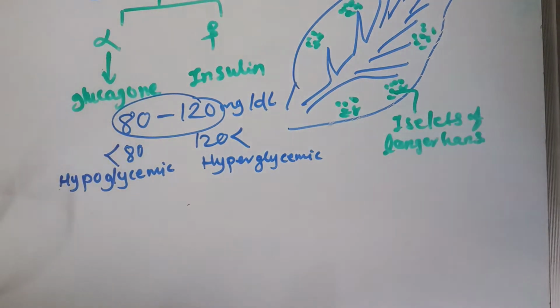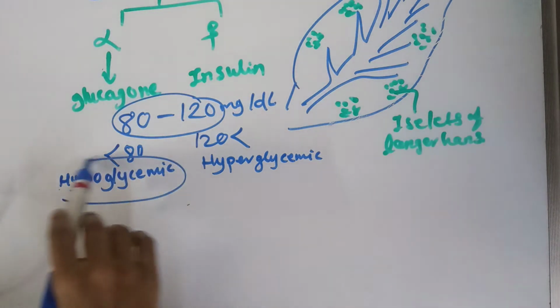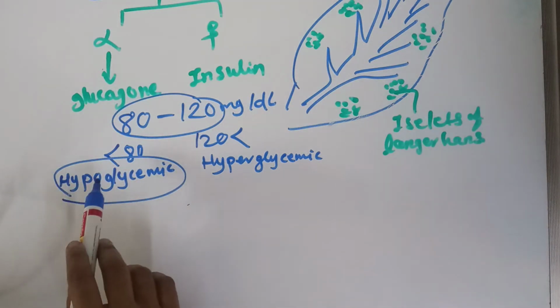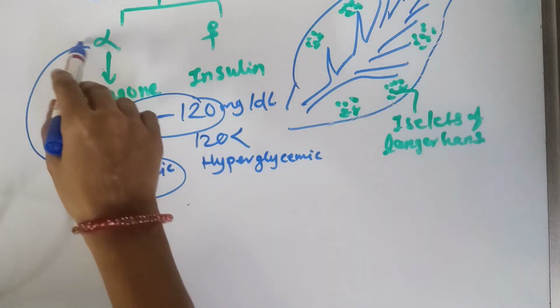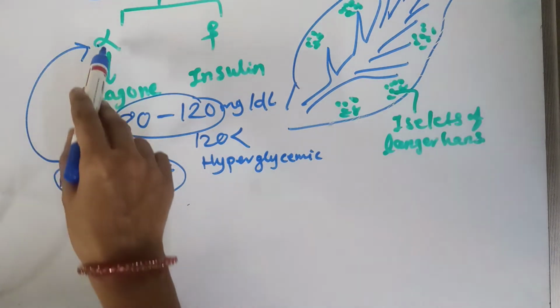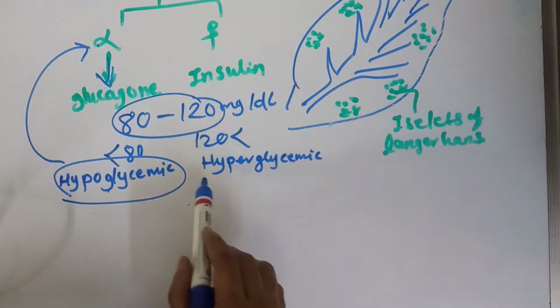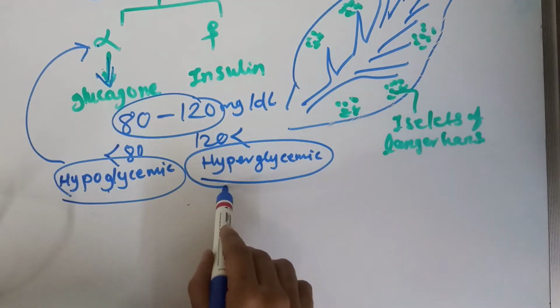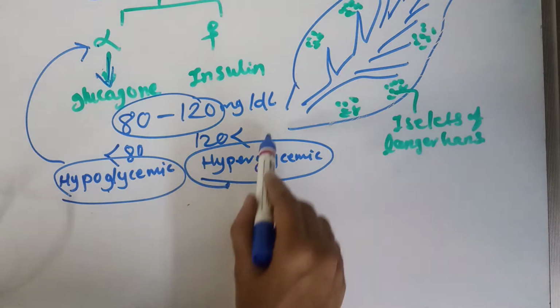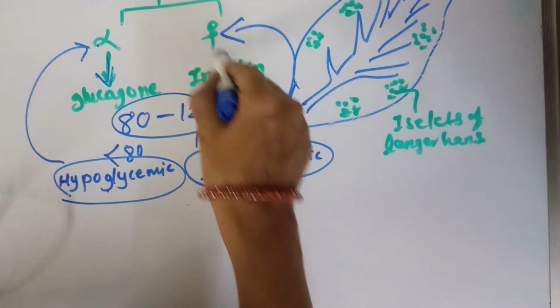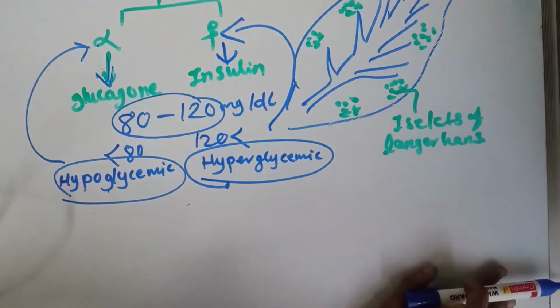So when the situation becomes hypoglycemic, our body stimulates the alpha cells to release glucagon hormone. And when our body condition becomes hyperglycemic, our body stimulates the beta cells to release insulin hormone.